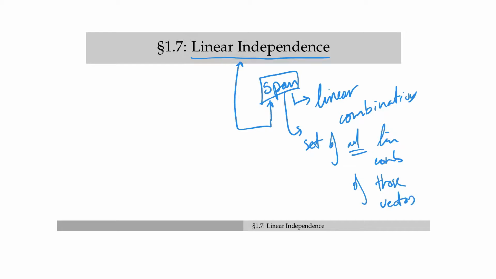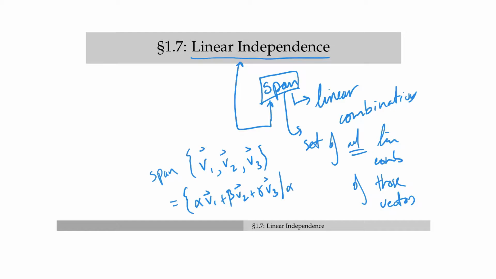Now, if you think about it, when I'm taking a set of all linear combinations, I could have, say, the set v1, v2, and v3 of vectors. And the span of this is equal to the set of all alpha v1 plus beta v2 plus some gamma v3, such that alpha, beta, and gamma are real.